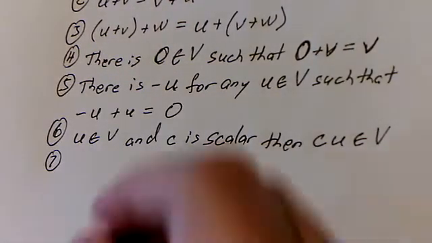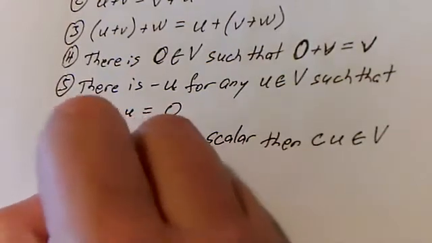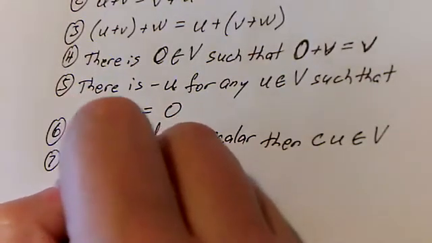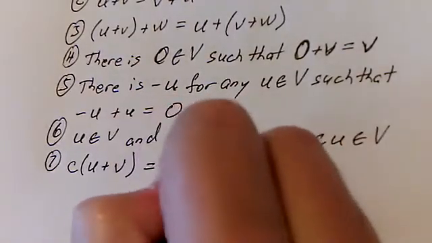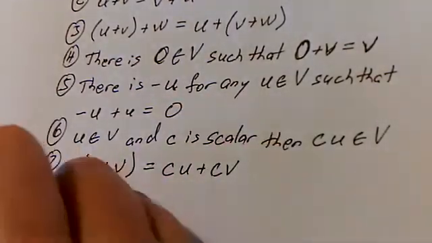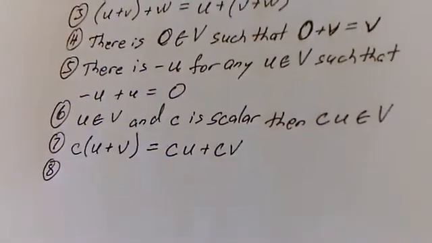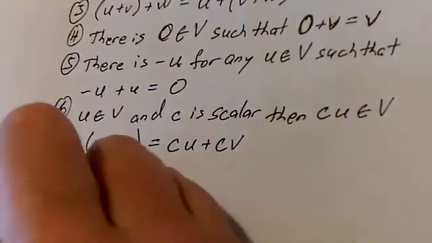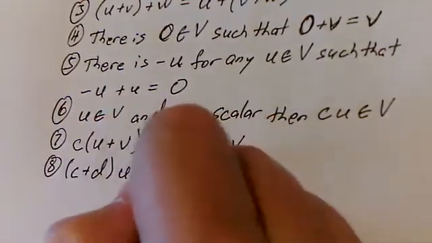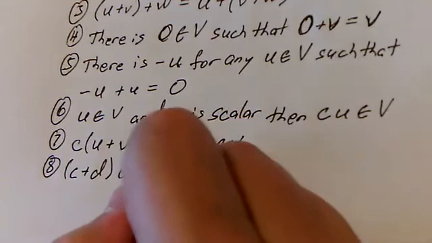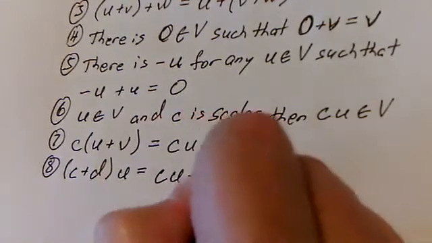Condition 7, I have scalar distribution. So c times (u plus v) is going to equal cu plus cv. So I can distribute that scalar. Then I have vector distributivity. So if I have (c plus d) times u, that's the same thing as cu plus du.